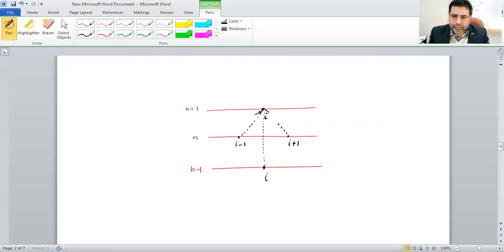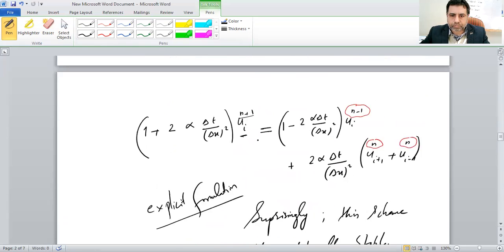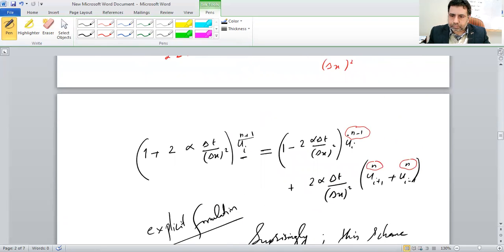You may check this: this value is coming from time level n minus 1, and from time level n the information is coming from locations i minus 1 and i plus 1.